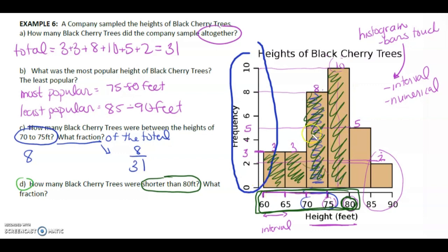So 3 plus 3 plus 8 plus 10. I get 24, which gives us the fraction 24 out of a total of 31. Okay, so 24 out of 31 black cherry trees are shorter than 80 feet.